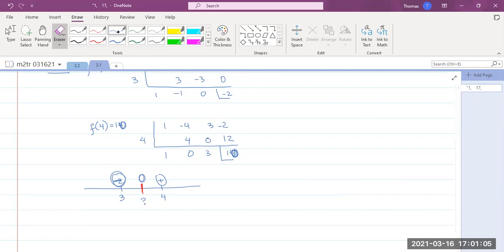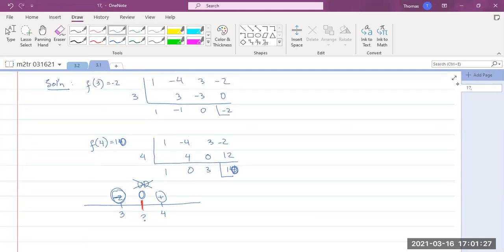The critical number either makes it undefined or 0, but we know a polynomial has domain all real numbers, so it won't be undefined, it must be 0. Now, intermediate value theorem says that if f(a) and f(b), in this case 3 and 4, have opposite signs, one positive and the other negative, then for sure there is a 0 in between.